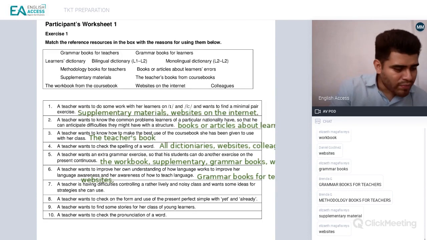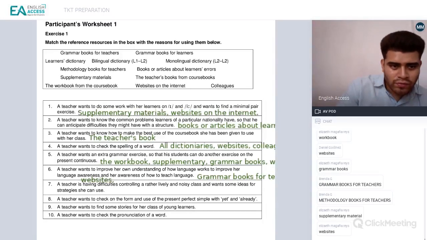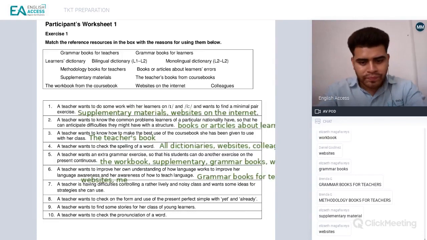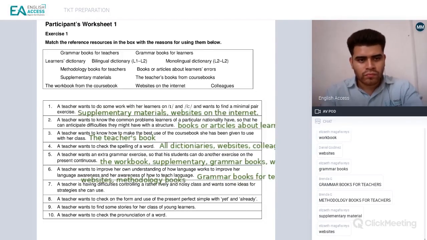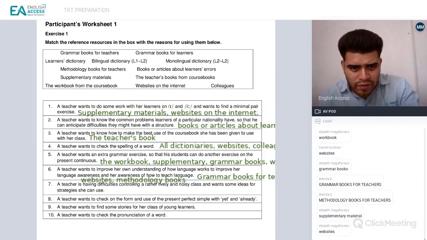Bridget says a methodology book. Very good. Supplementary material.